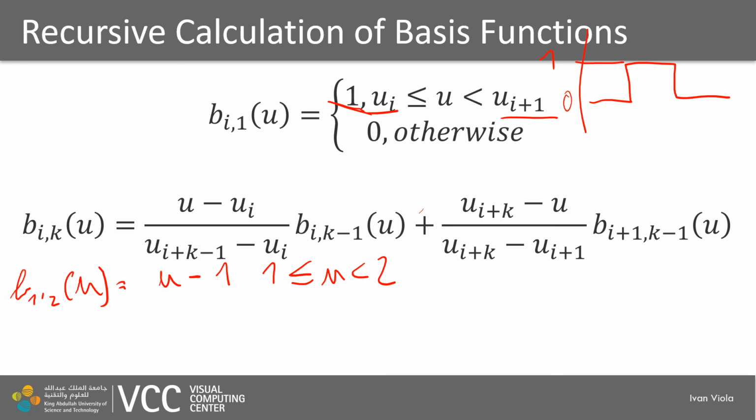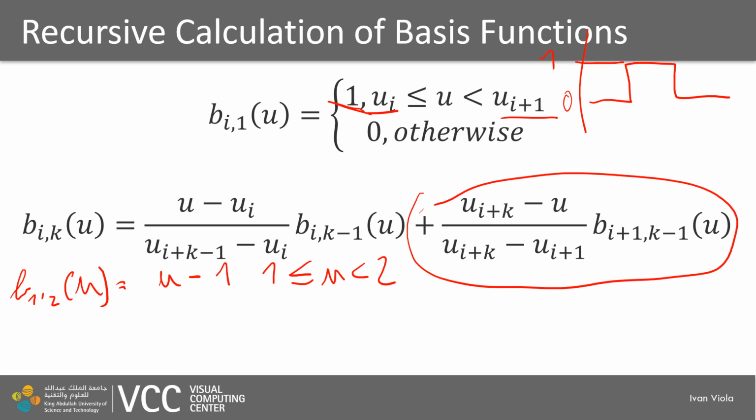And plus this part. Now let's have a look at u_(i+k). So this will be now 2 plus 1 is 3, 3 minus u.